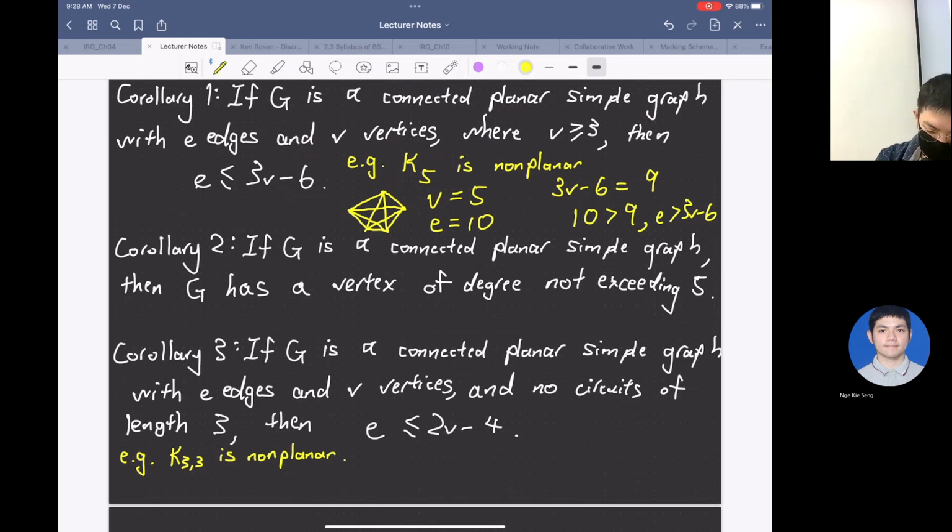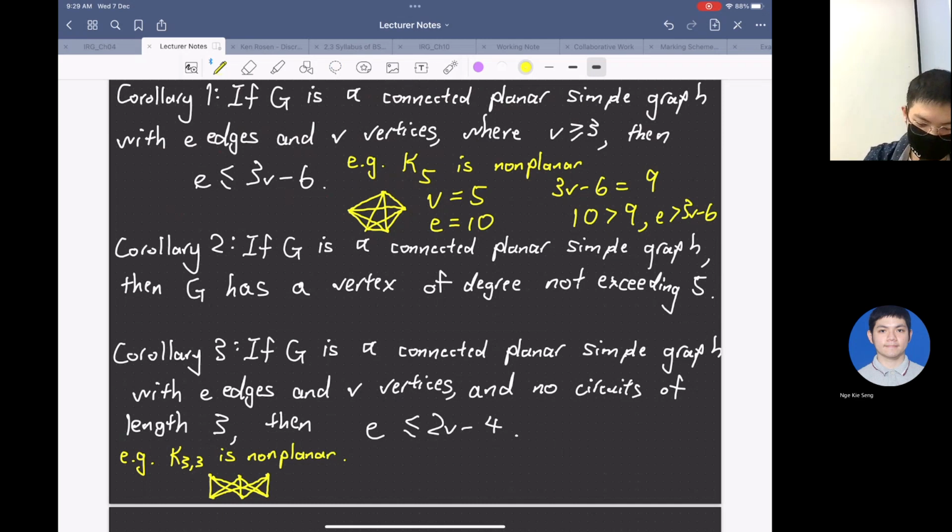So what's K3,3? K3,3 is a complete bipartite graph. You group three vertices on one side, and then you join them to each vertex on the other side. So this is the complete bipartite graph. Remember we showed this last time?